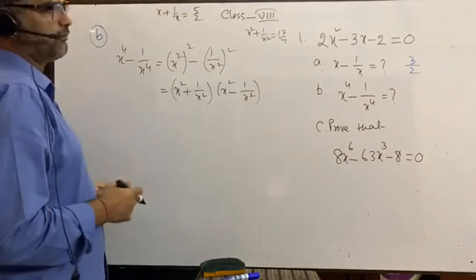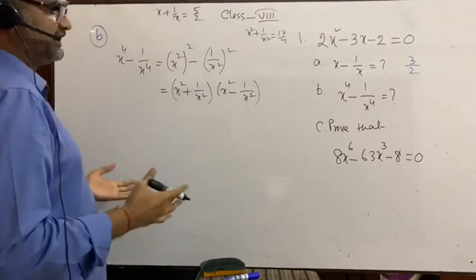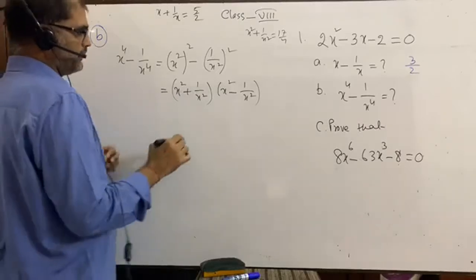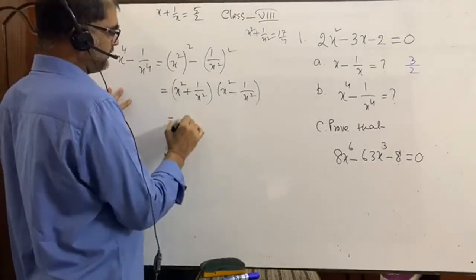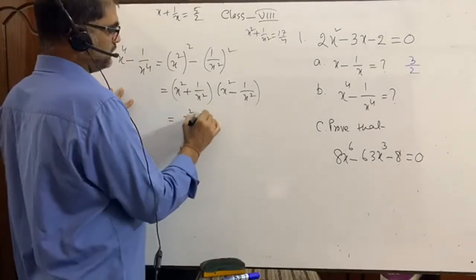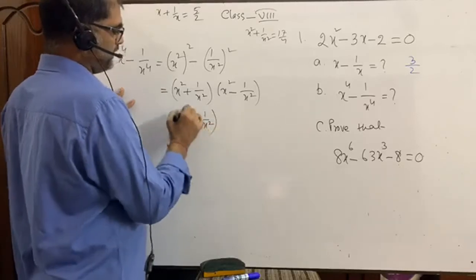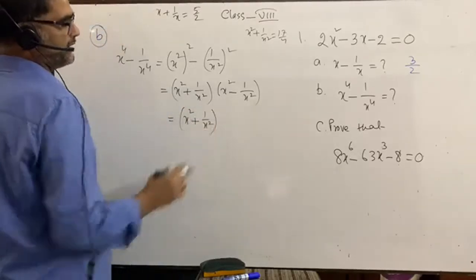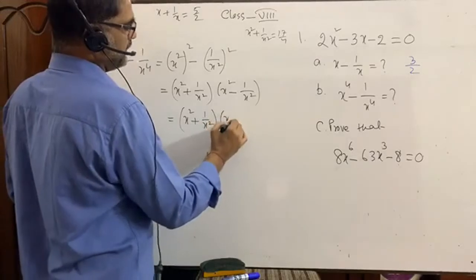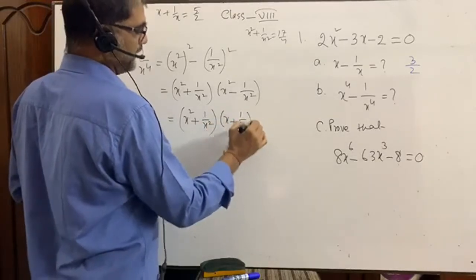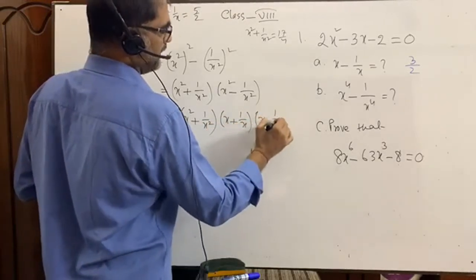Very easy and simple formula, the easiest formula in the book. That is, we can write here again x square plus 1 by x square. You see, it can be written as a plus b into a minus b.